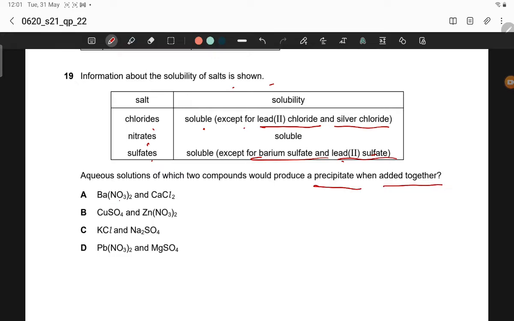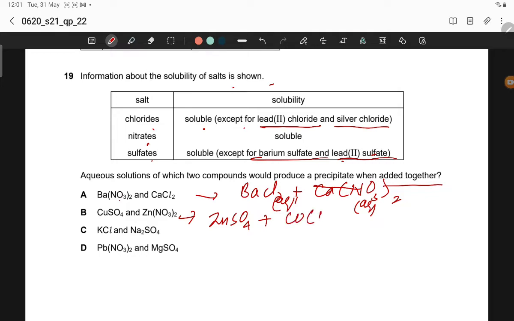Barium nitrate and calcium chloride form barium chloride and calcium nitrate. Both are soluble. Copper 2 sulfate and zinc nitrate, zinc sulfate plus copper nitrate, soluble and soluble.